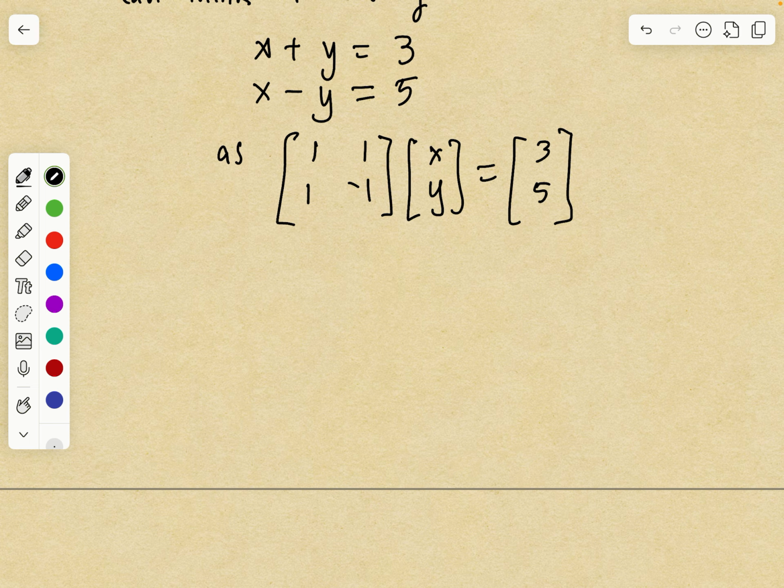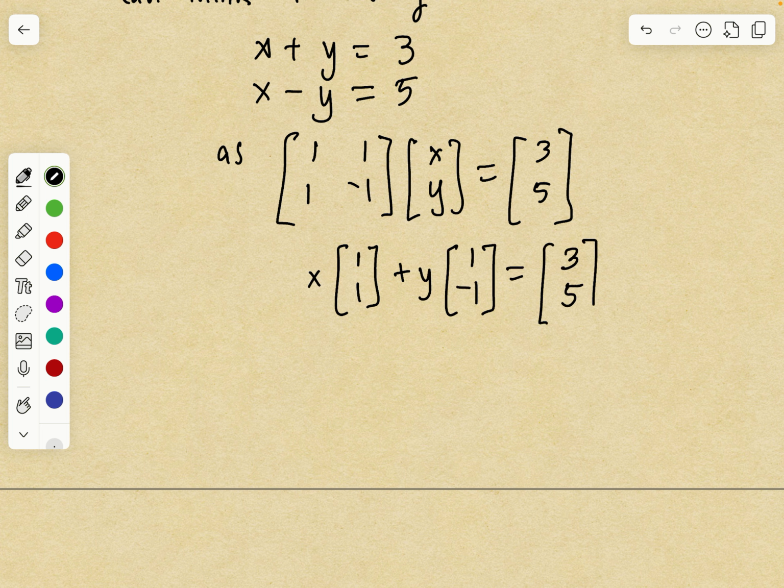And this matrix times a vector can be rewritten like this: x times (1, 1) plus y times (1, -1) equals (3, 5). So this is the new way of interpreting what it means to solve the system of equations.